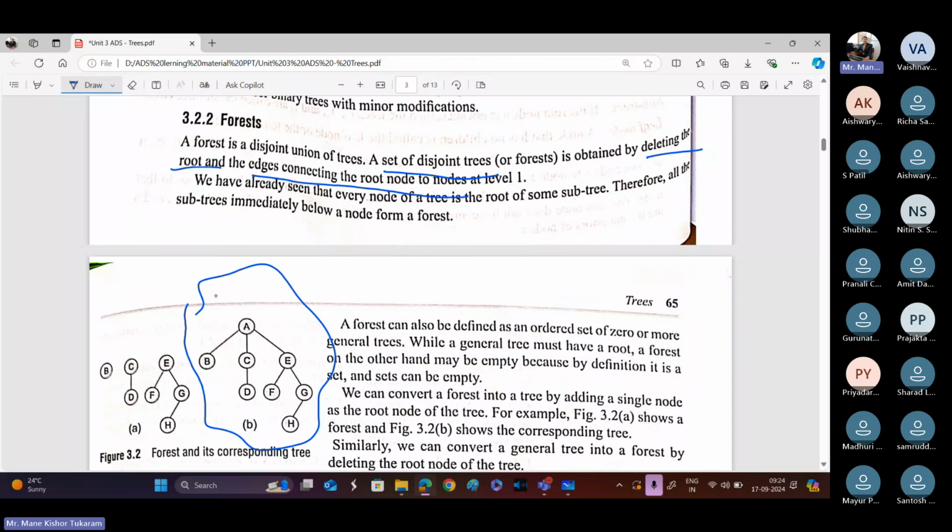Whenever I delete this node along with these edges, whatever subtrees are formed are the forest. So this is the first tree, this is the second, and this is the third. So three trees are there inside the particular tree. This is called a forest.